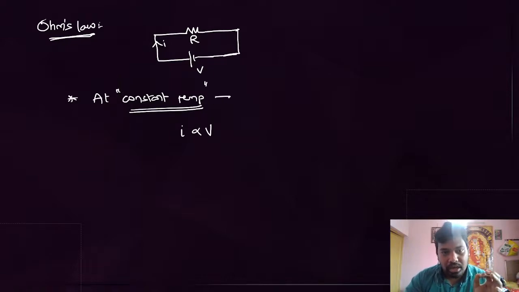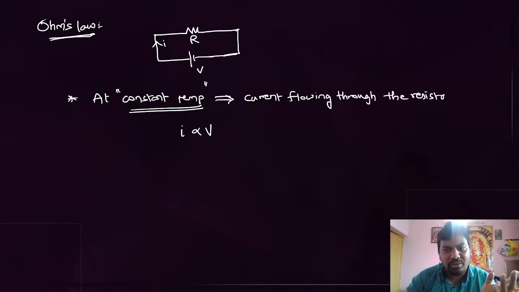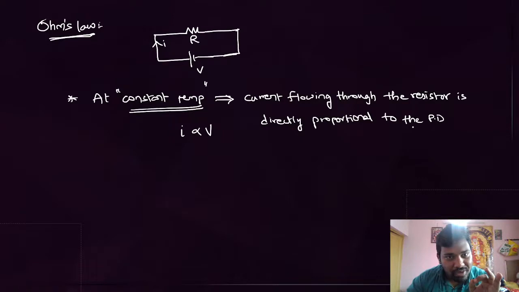So at a constant temperature, the current flowing through the resistor or conductor, whatever it may be, is directly proportional to the potential difference across the ends.